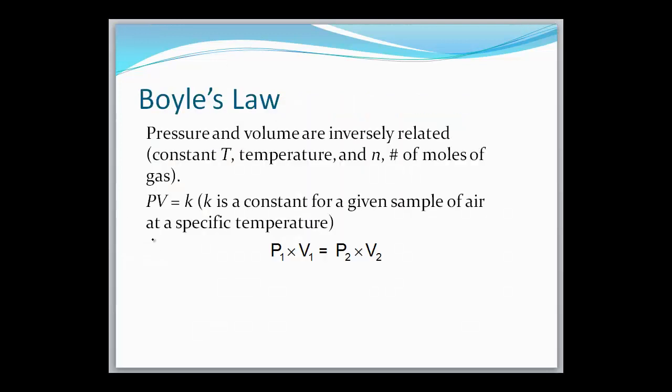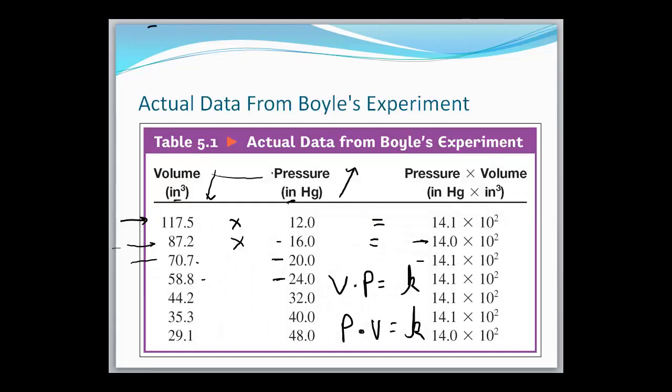So Boyle's law can be written mathematically, PV is equal to K. If we go back to our experiment here, in our diagram, if we call this pressure 1 and volume 1, and the second experiment we call it pressure 2 and volume 2, if volume times pressure is equal to K for the first experiment, and the volume and pressure of the second experiment is equal to K, what we have is V1 times P1 is equal to K, which is also equal to V2 times P2.